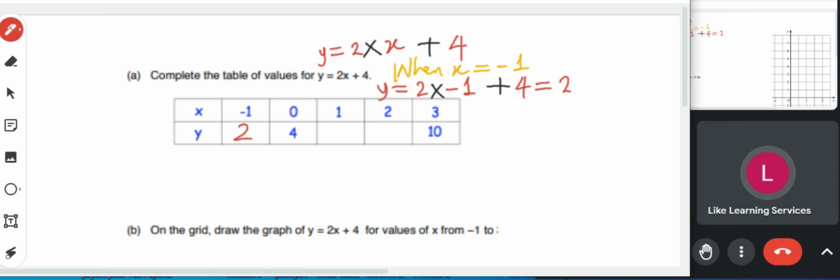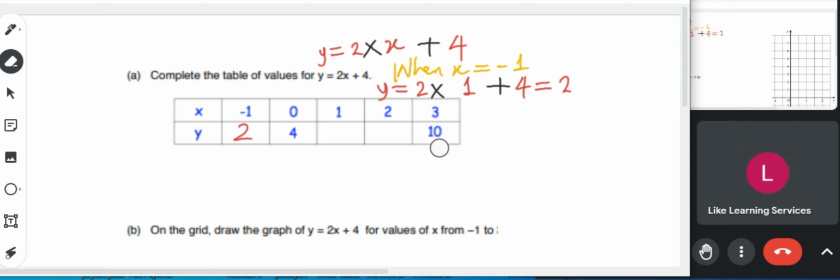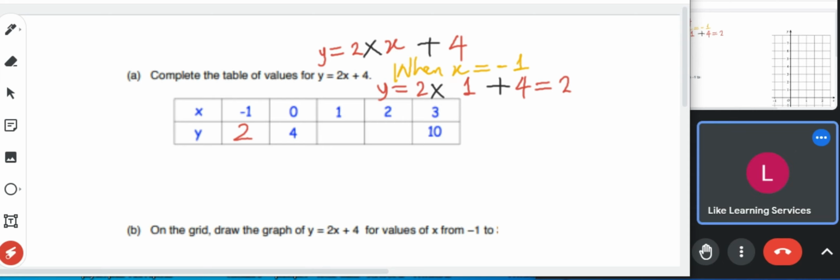You do the same thing for the other one. Now when x is 0, it's been done already for you. Let's go to when x is 1. So here now we write 2 times 1. It becomes 2 times 1 plus 4, and that gives us 6.